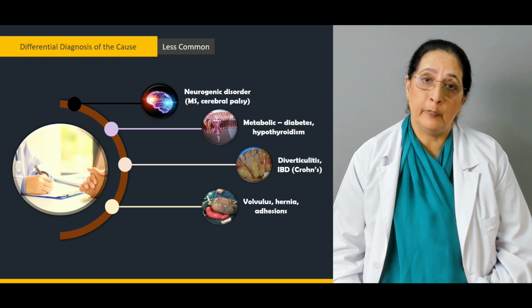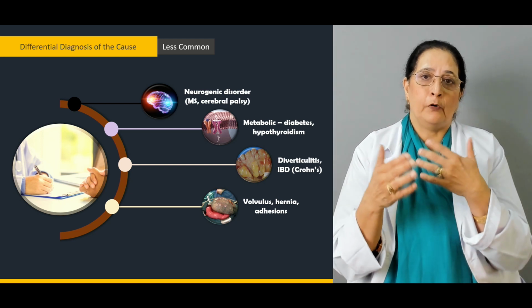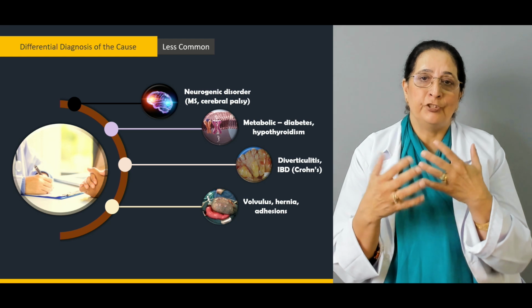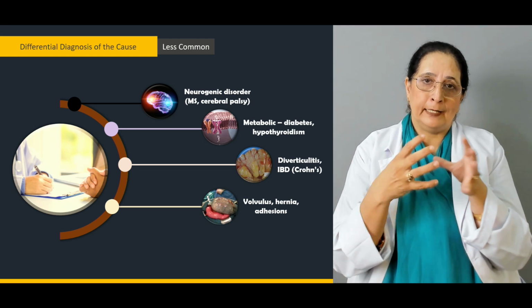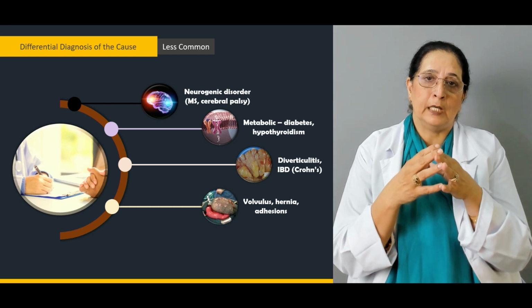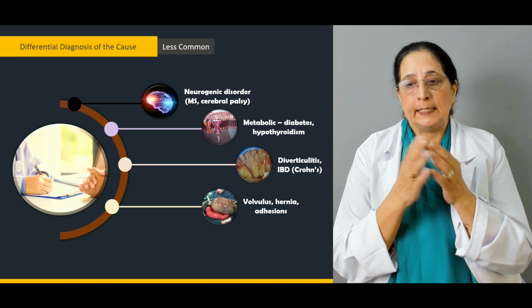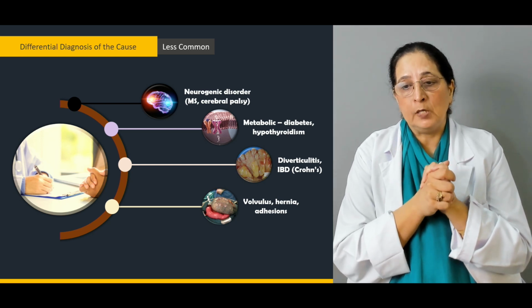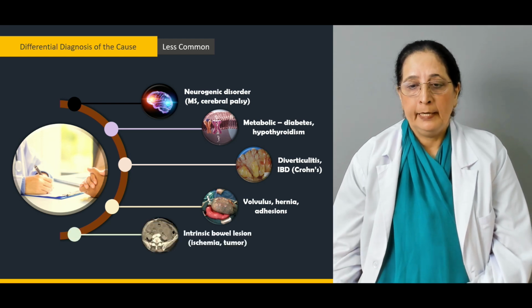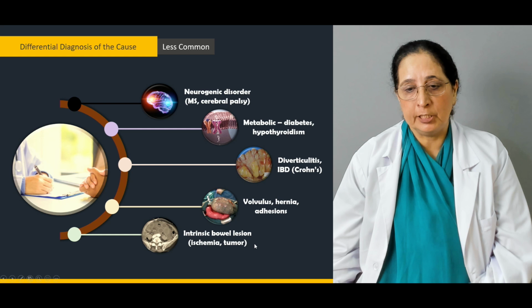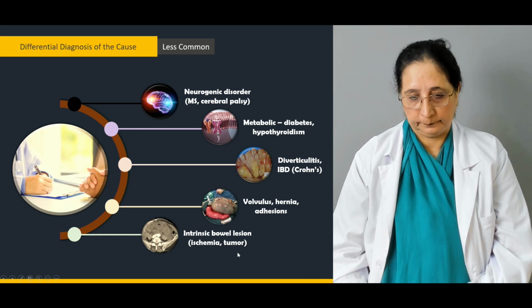Adhesions are one common cause of bowel obstruction, and these adhesions may be formed due to previous surgeries or inflammation. Adhesions attach the intestines to one another, and cause obstruction or paralytic ileus. Then volvulus and hernia, again common causes. Intrinsic bowel lesions like ischemia or tumor.